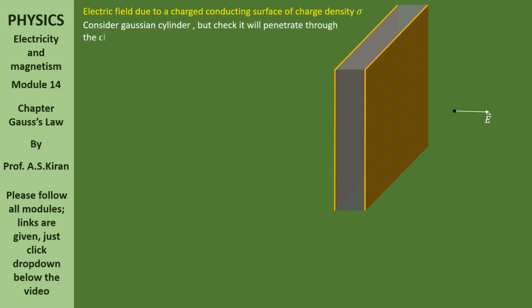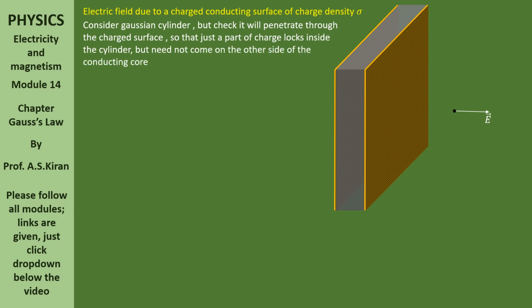Consider a Gaussian cylinder, but check, it will penetrate through the charged surface so that just a part of the charge locks inside the cylinder. It need not penetrate onto the other side. Observe the video carefully now.